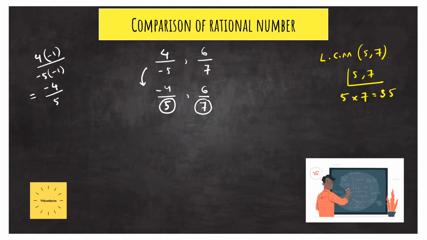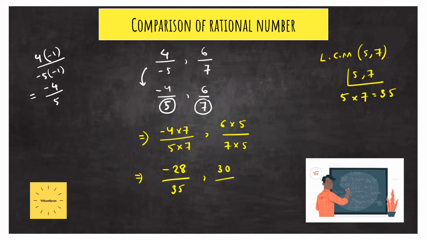So to make the denominator 35, minus 4 into 7 divided by 5 into 7, and here 6 into 5 divided by 7 into 5. So we are getting minus 28 divided by 35 and 30 divided by 35. So the denominators now are equal, and from here we can easily put the sign, that is minus 28 by 35 is less than 30 by 35.